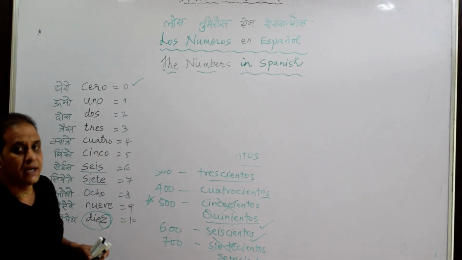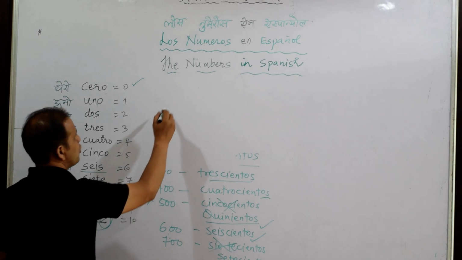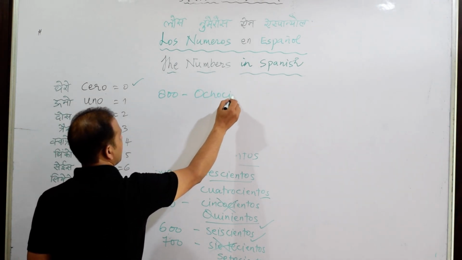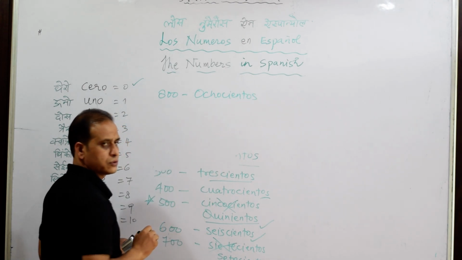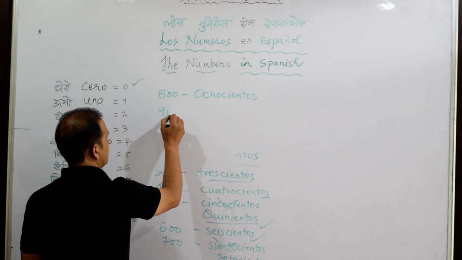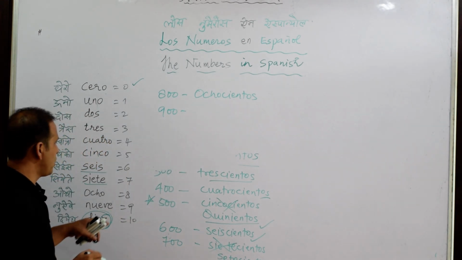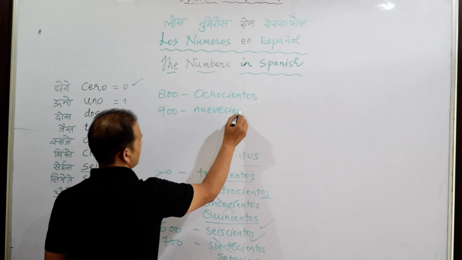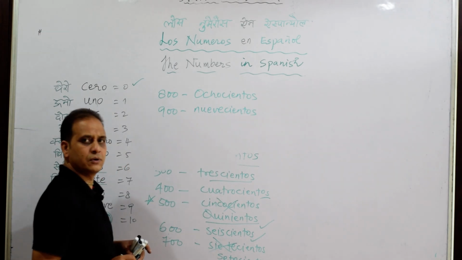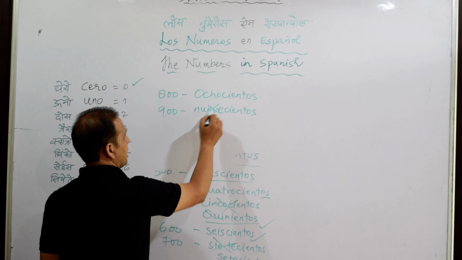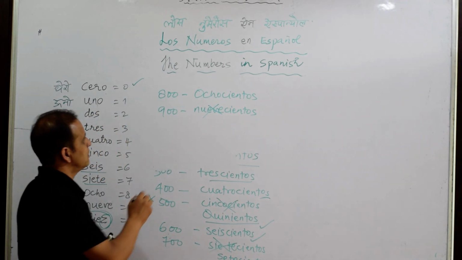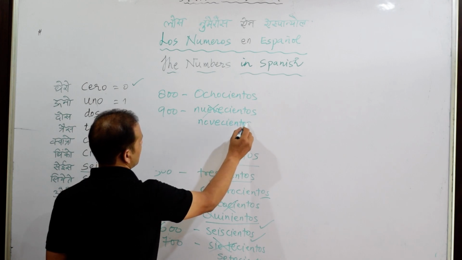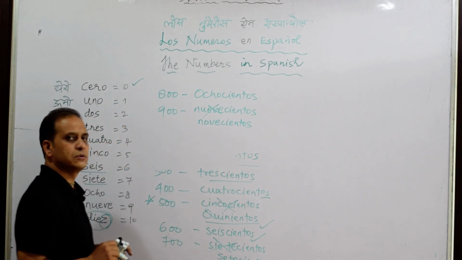How will you say 800? 8 is ocho. 800. So ocho and cientos. Ochocientos. 900. What is 9? Nueve. So it will be nueve cientos. But again this is an exception. It will be novecientos. Novecientos.